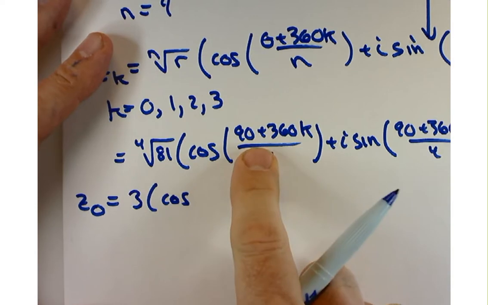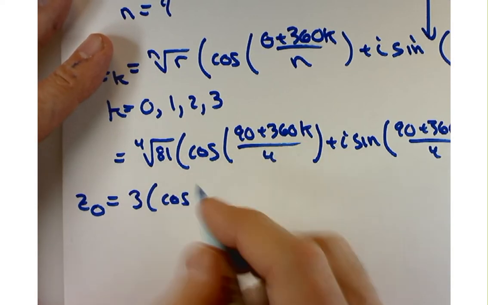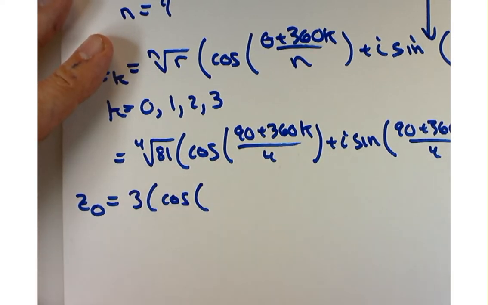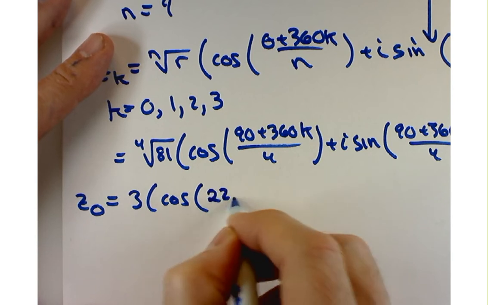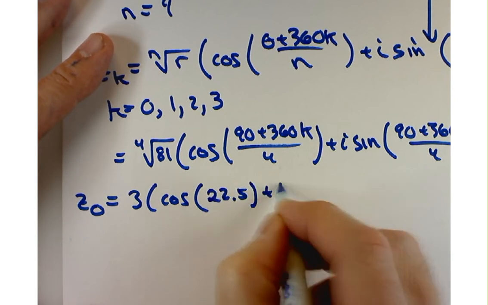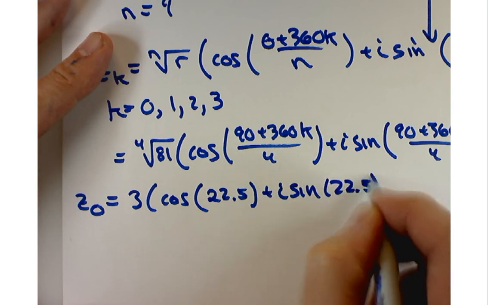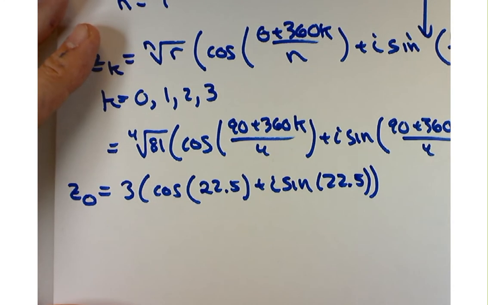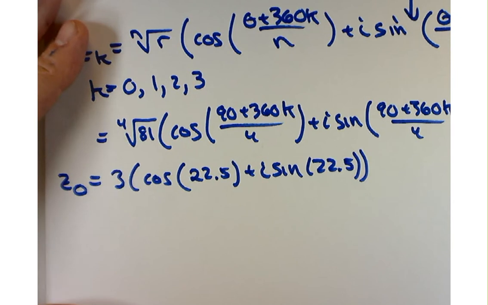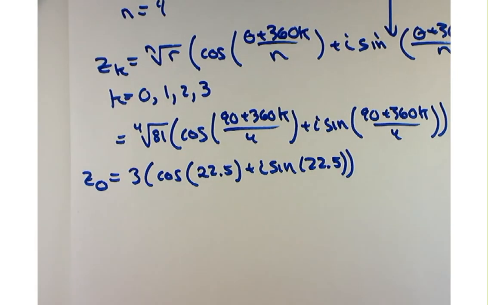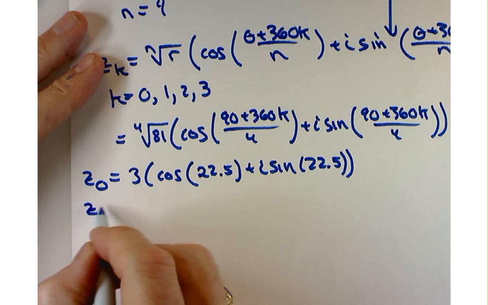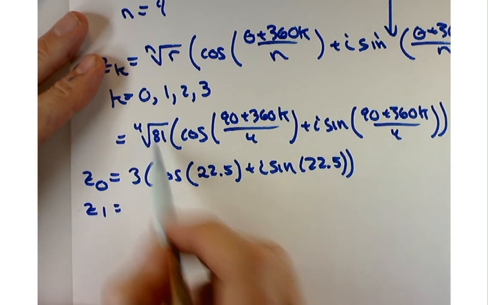Cosine of 90 over 4. 90 over 4 is 22.5, plus i times the sine of 22.5. Okay, beautiful. Let's take a look at z sub 1. Again, up front I'm going to have a 3.